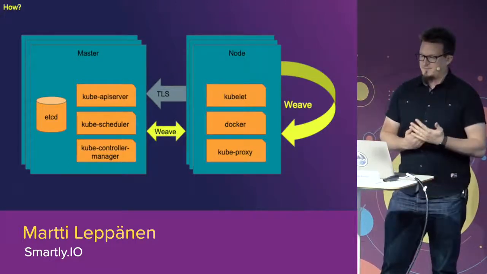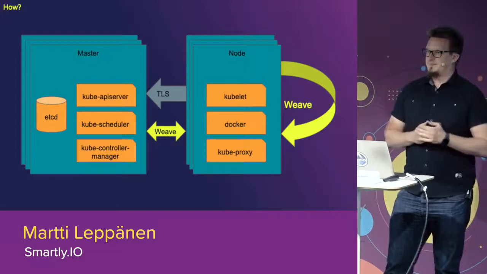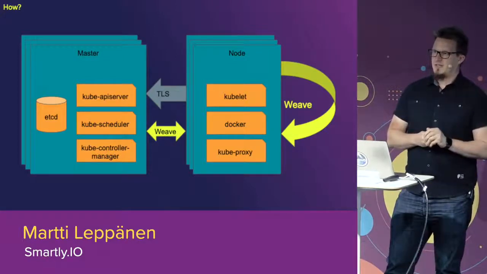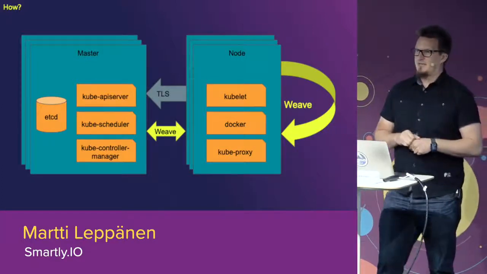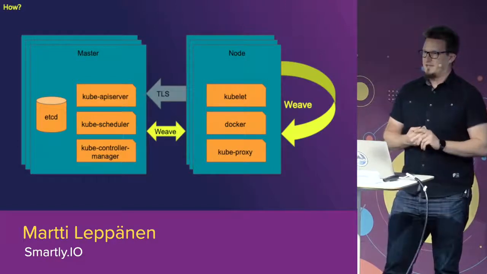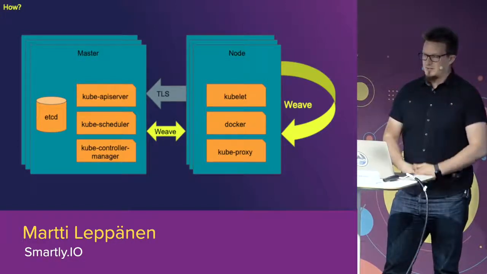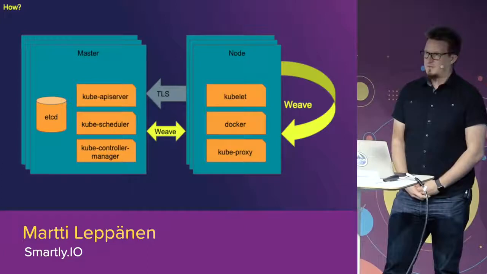In addition to Docker, you want to have the kubelet. And kubelet is, on the nodes, the heart of Kubernetes, that takes care of starting up the services and making sure that everything is run correctly through Docker or whatever container system you have.